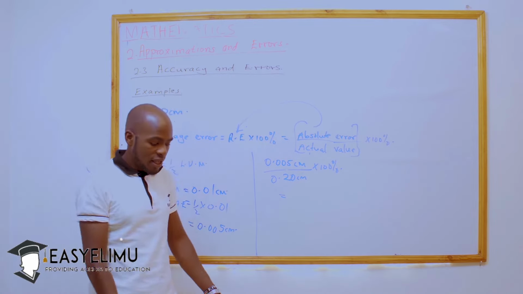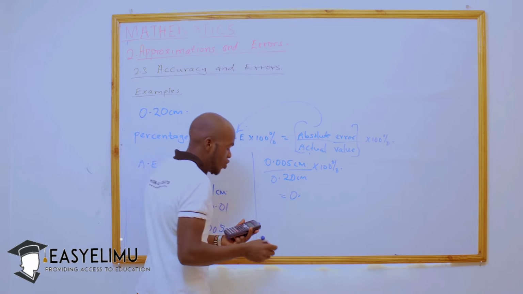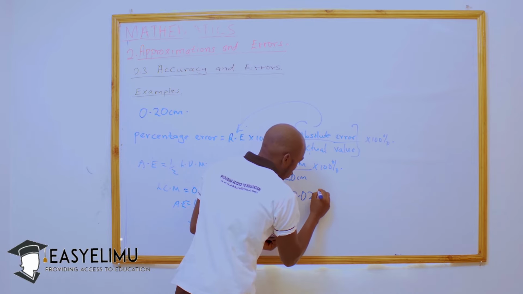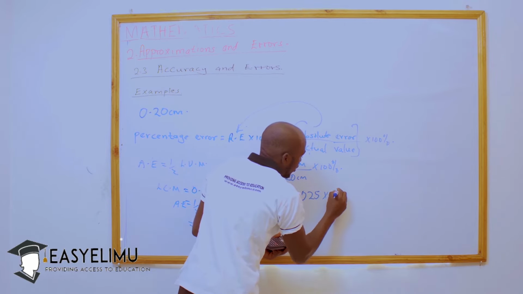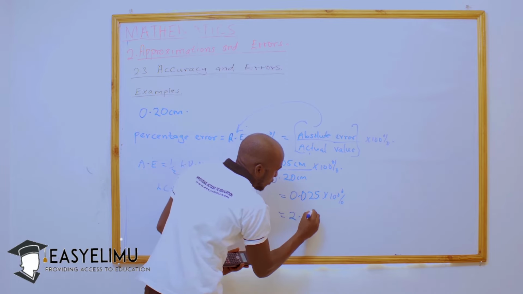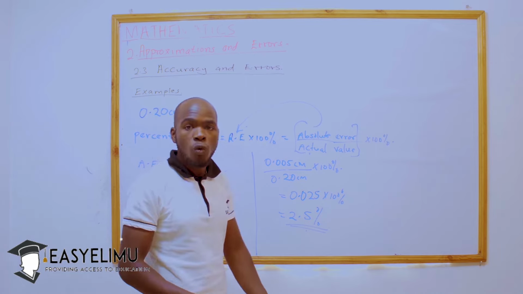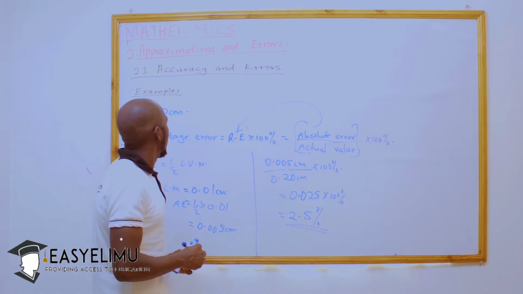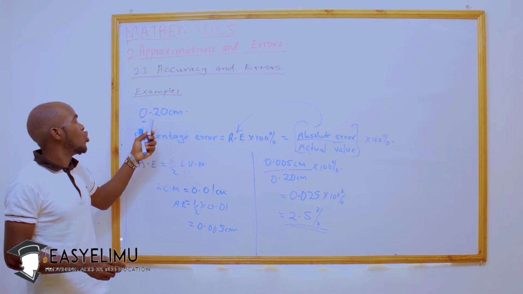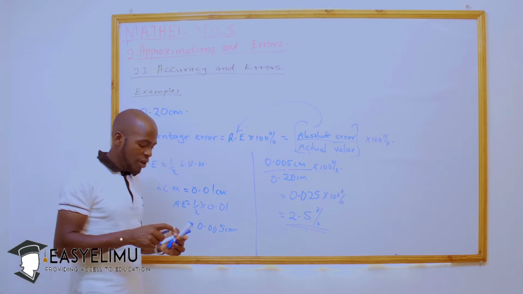In that case, if we calculate, this is going to give us a value of 0.025 multiplied by 100, and you shall have it as 2.5%. That's the value which you find when the thickness is stated to 2 correct decimal places of accuracy.